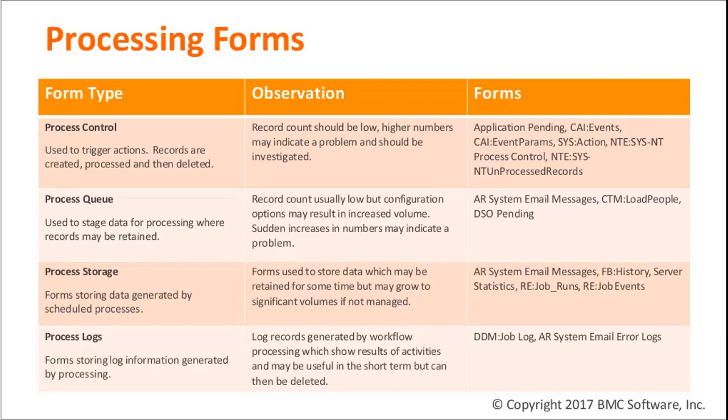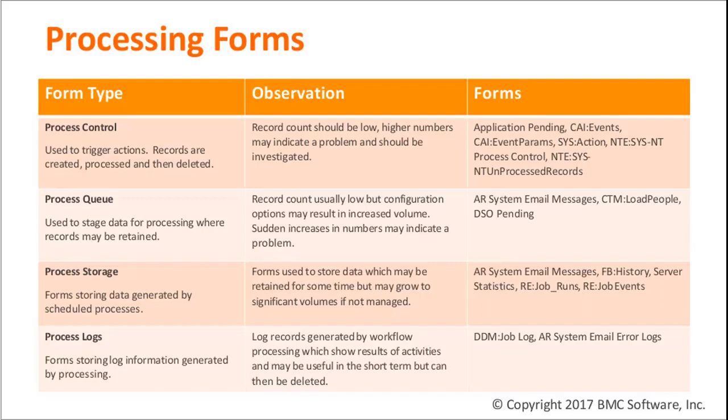Queue forms, so process queues. These are similar, but the records are more likely to contain data that's being processed. So rather than a message to go and do some work, this is the data that's actually being worked on. So the email messages form, for example, is obviously data that's coming into and maybe leaving the system.